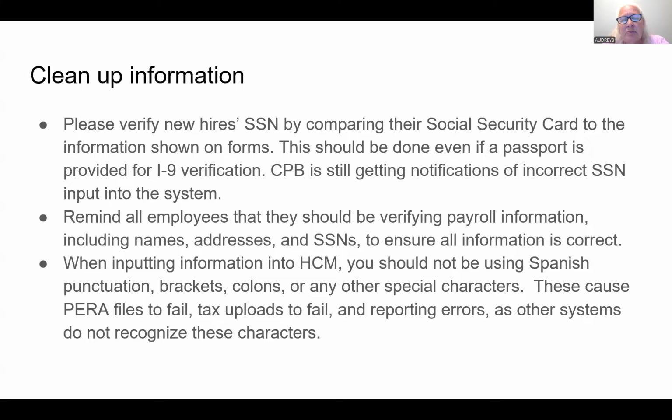So any of the Spanish punctuation causes problems. And so we have to go in and change those. So yes, Alonzo, you are correct. And so accents over names, over street addresses, cause problems. Any other questions on that?